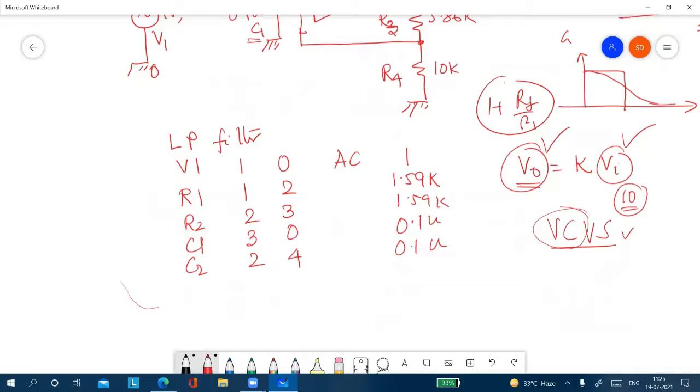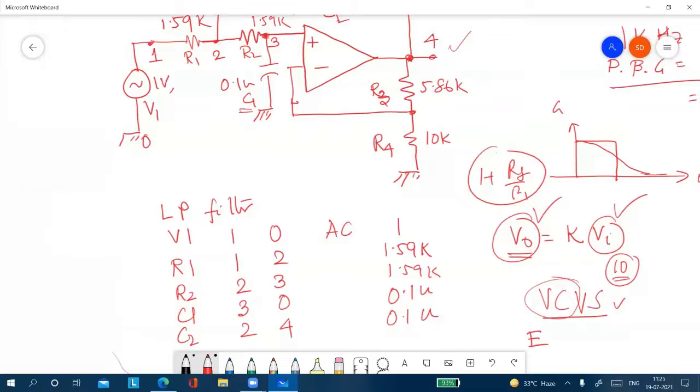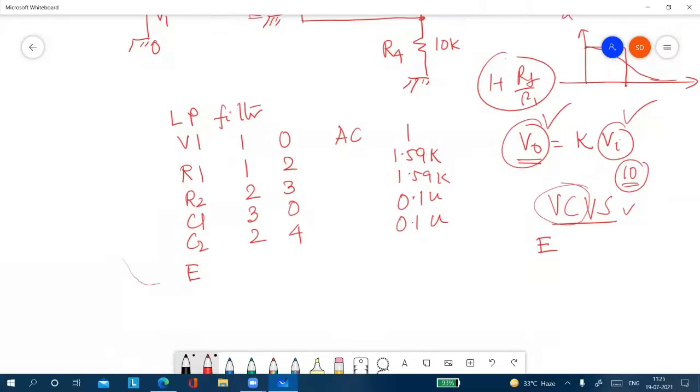The symbol for a dependent voltage source is E. E denotes voltage control voltage source. It is connected between 4 and 0, so the output is 4 and 0, that is N plus, N minus.